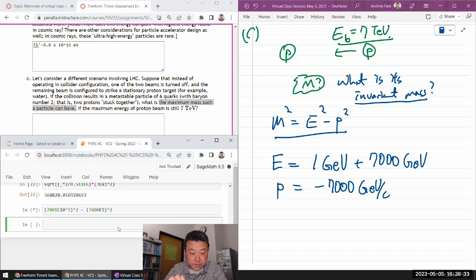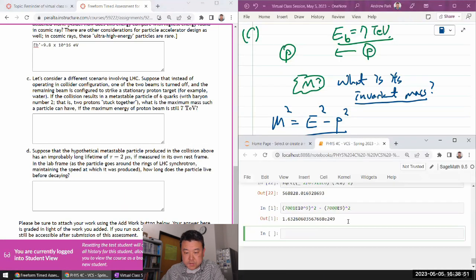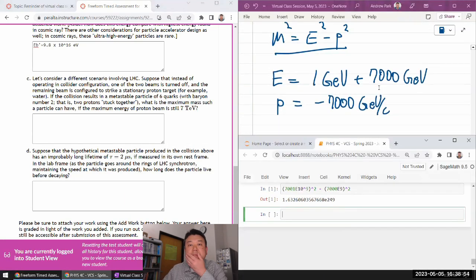When you do this calculation you get the answer of 1.6. Did I do something wrong? I might have done something wrong. I'm in a hurry and I'm making mistakes.